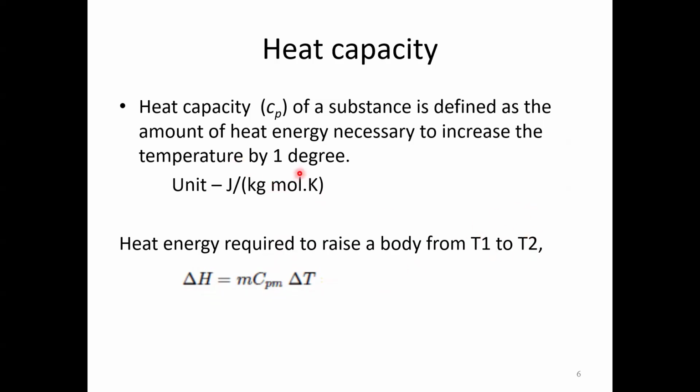So you basically multiply heat capacity by mass as well as delta T, and you end up with the amount of energy that is needed to raise the temperature of a body from one to the other. And this is also called enthalpy change.